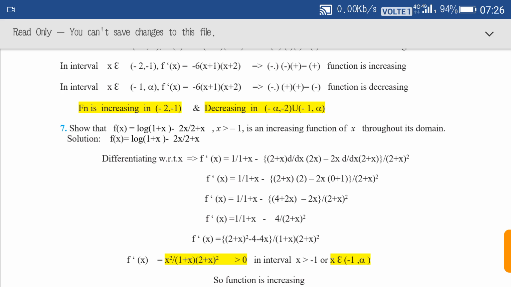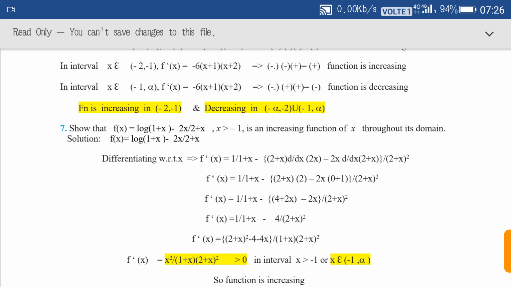f'(x) is equal to 1/(1 + x) minus, after solving it, we get (4 + 2x − 2x)/(2 + x)². Thus we get f'(x) is 1/(x + 1) − 4/(2 + x)².